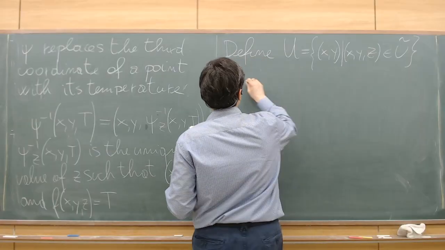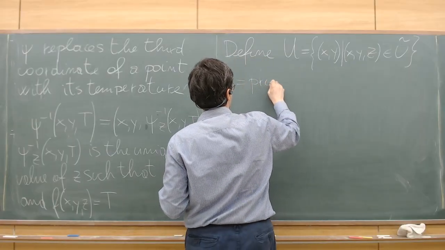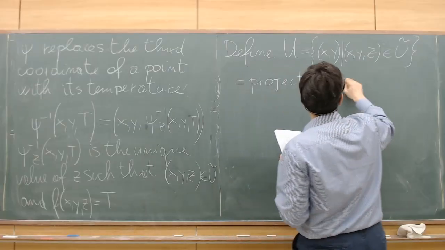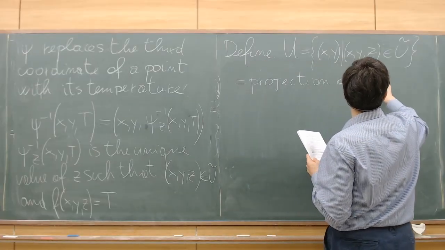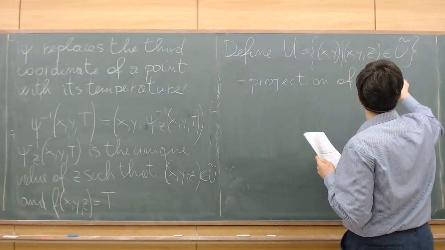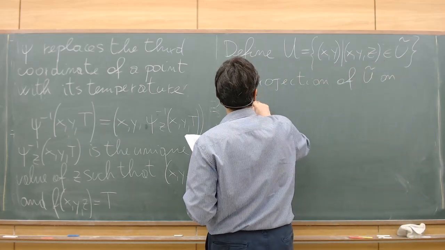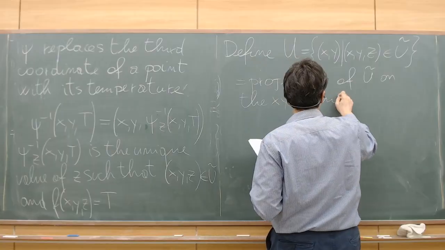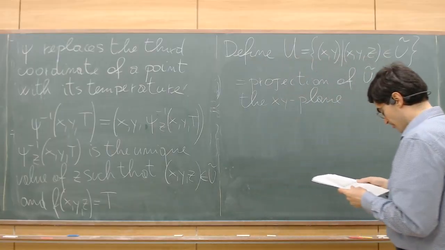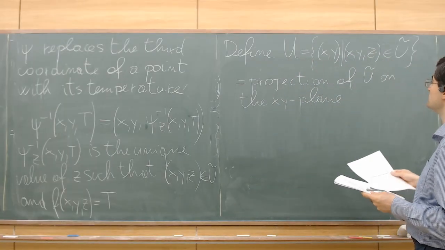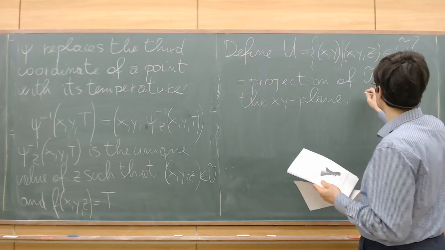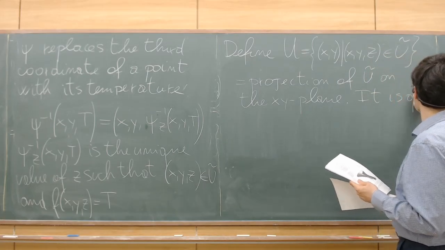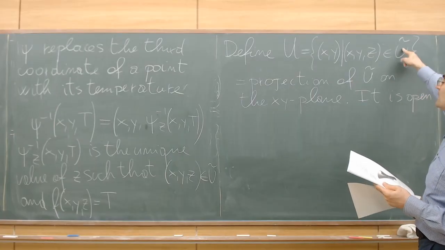So essentially this is a projection of U tilde on the xy plane. Clearly this is an open set because U tilde is open.